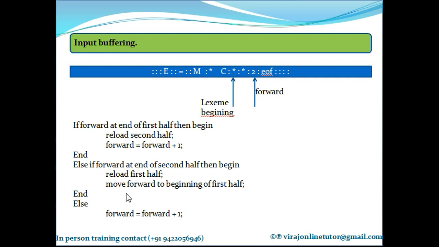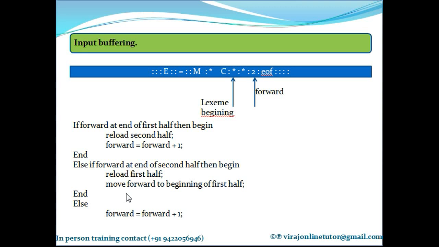In the last session I explained a simple example of relational operators: less than, equal to, greater than, and greater than or equal to. These operators were lexemes, and all of them belonged to the category of relational operators. All these were categorized into a token called relational operator.